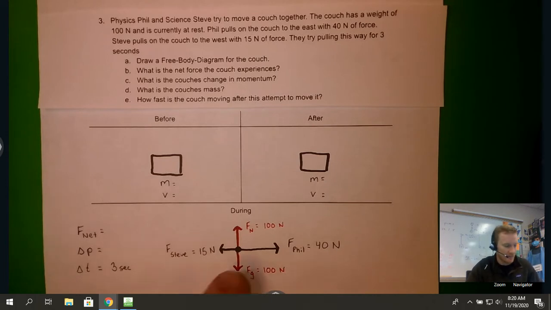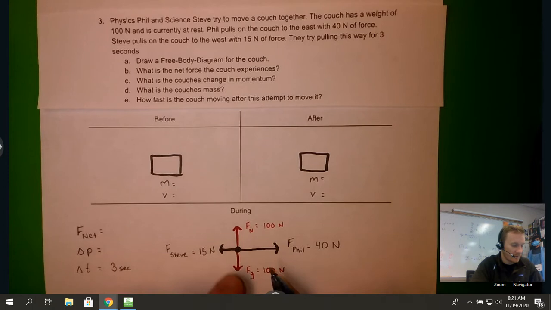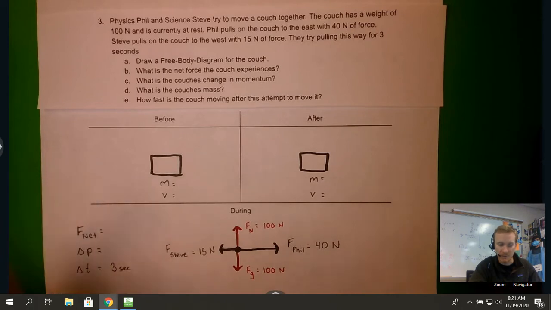Okay, in this case, Phil and Steve are interacting with the couch. So each of these force vectors represents those interactions. I've drawn Phil's applied force of 40 newtons to the east, and then I've applied Steve's force, 15 newtons to the west. Notice that I've made these vectors slightly different sizes to reflect their magnitudes, and also their directions.